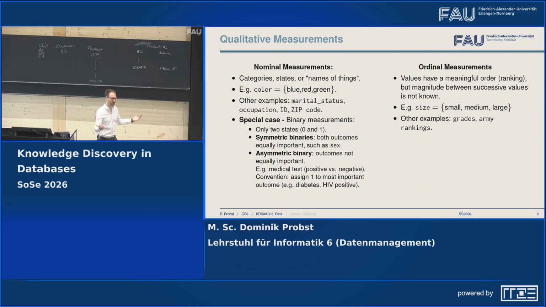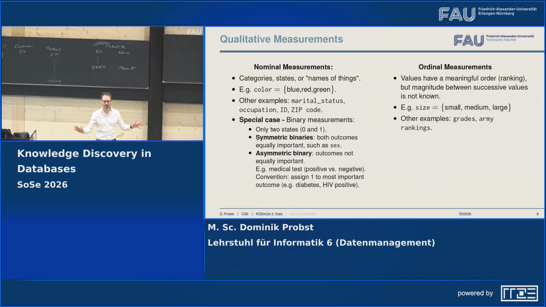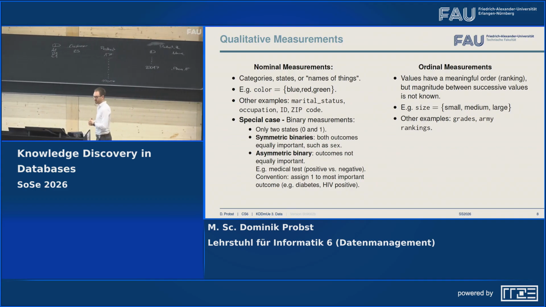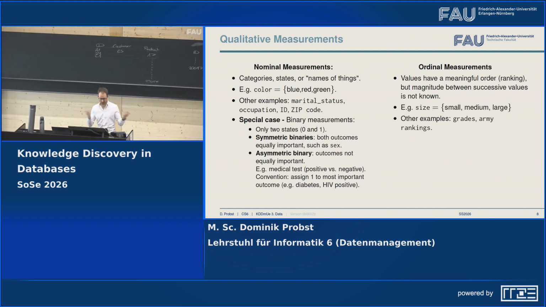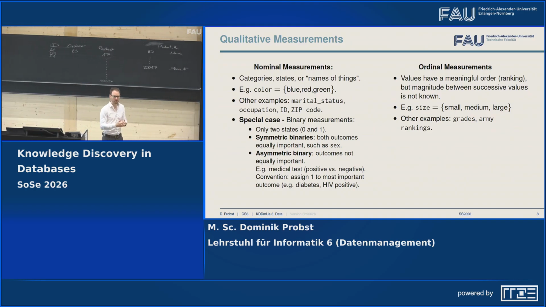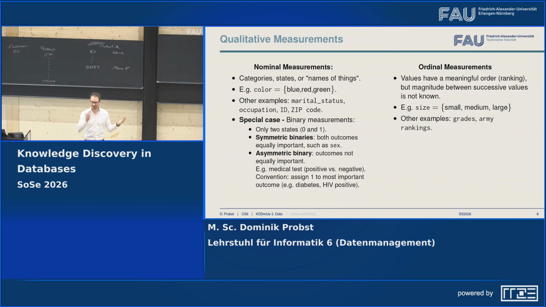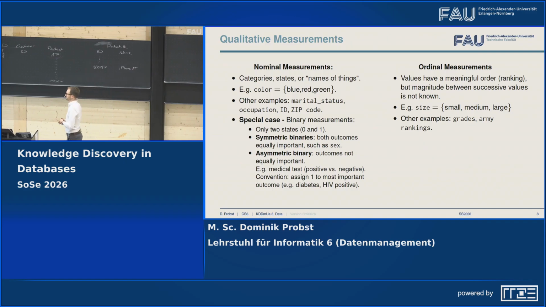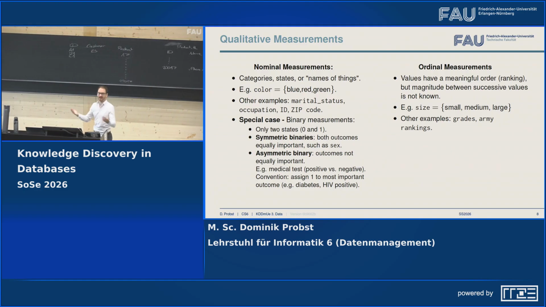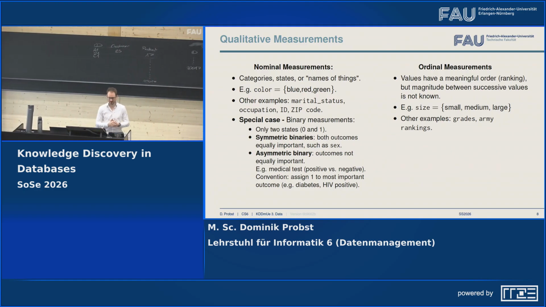Of course, if we are talking about gender, that's a different thing. But for sex, male and female traditionally only has two outcomes. We can also talk about medical tests, positive or negative. We can talk about passing an exam: we can have yes, we can have no. We have day and night, for example.